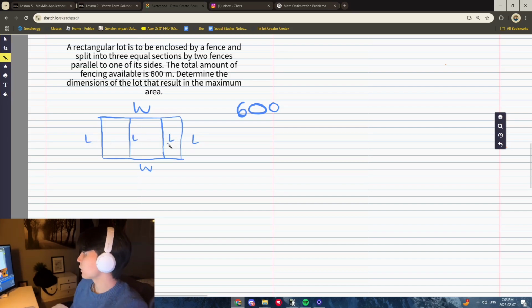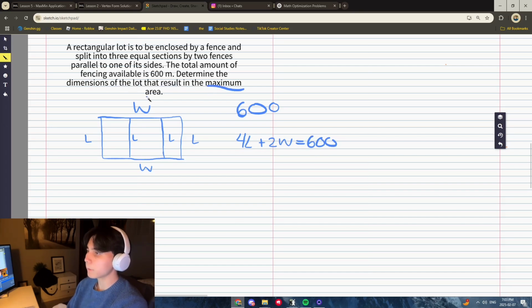So your picture should start to look like this. And what this means is 4 lengths plus 2 widths is going to give you 600. And since we're looking for dimensions that maximize the area, we have length times width equals maximum.